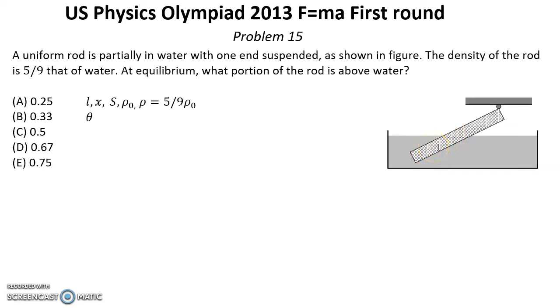And let's write the equation for this torques equilibrium. For torques, we have this equation: L S rho, which is the mass of the rod, multiplied by g, which is the force of gravity acting on this rod, and we multiply it by L over 2 cosine theta, which is the lever arm for this rod compared to this point of rotation.